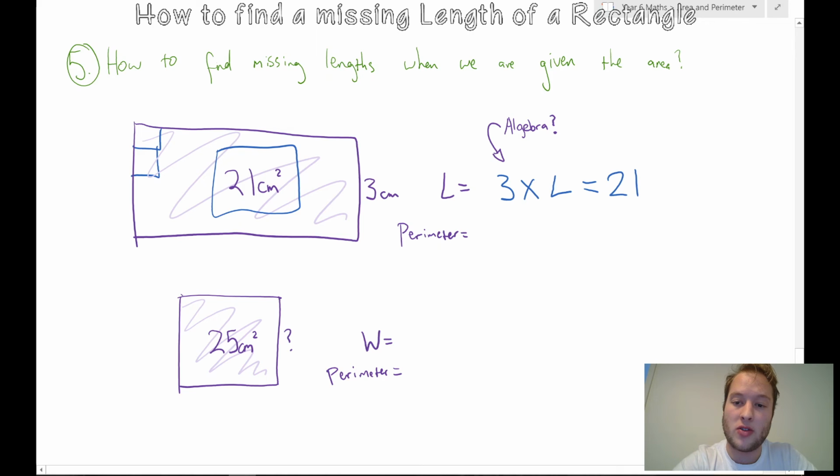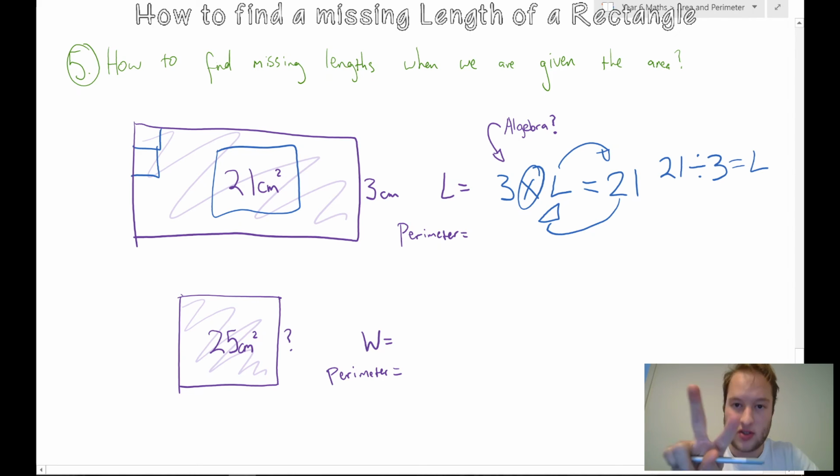So if I got my 21 and wanted to bring it and swap it with my L, I just need to know what's the opposite than times. And the answer is division. So if I want to rewrite it, I could say, well, I want to do 21 divided by 3 equals L. Yeah, I've just swapped the division and times symbol so that I could move the numbers around. So that's the general idea of algebra.